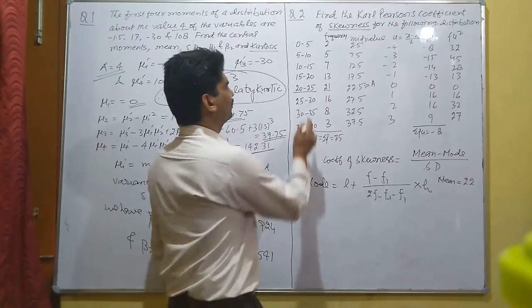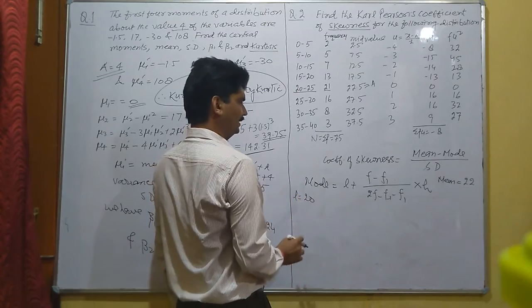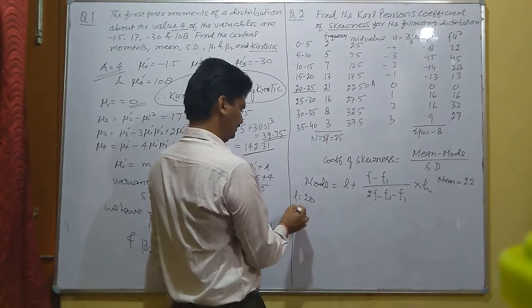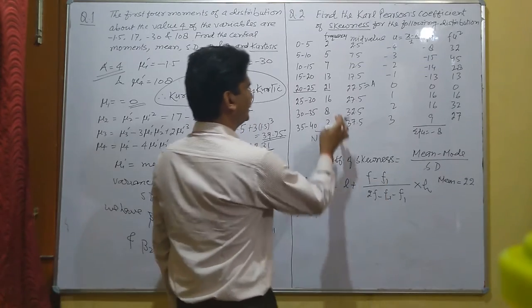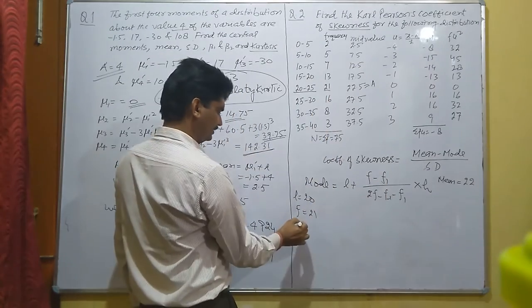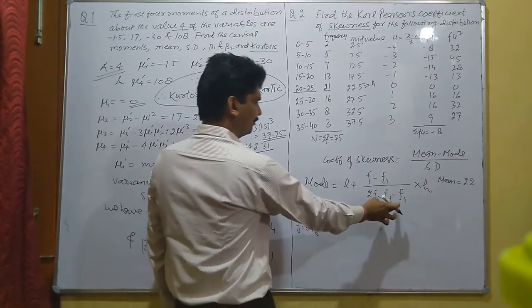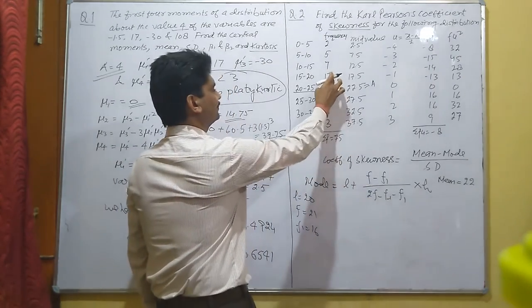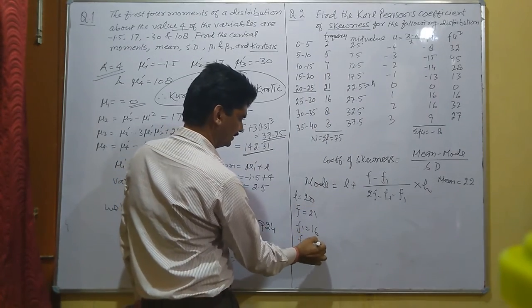L is the lower limit, here 20, and f is the frequency of this class, 21, and f1 is the frequency of the succeeding class, here 16, and f minus 1 is the frequency of the preceding class, so f minus 1 equals 13.